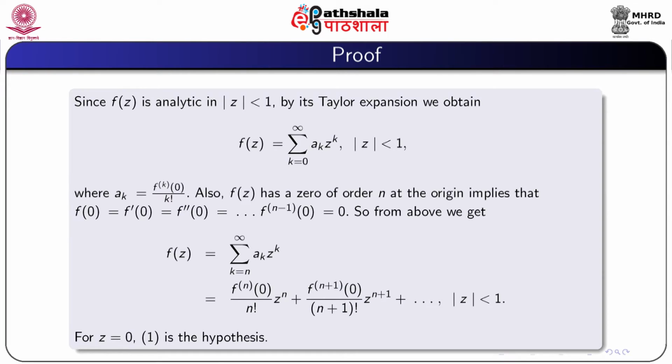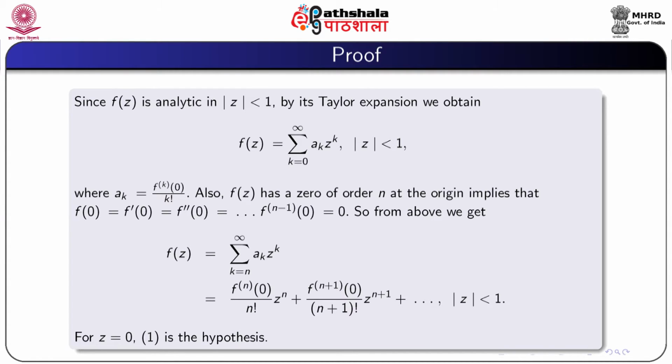So, from above we obtain f(z) equal to summation k equal to n to infinity a_k z to the power k, that is equal to the nth derivative of f at 0 by factorial n times z to the power n, plus the (n plus 1)th derivative of f at 0 by factorial n plus 1 times z to the power n plus 1, plus etc., for mod z less than 1.